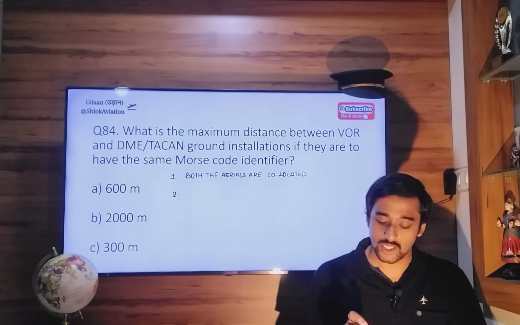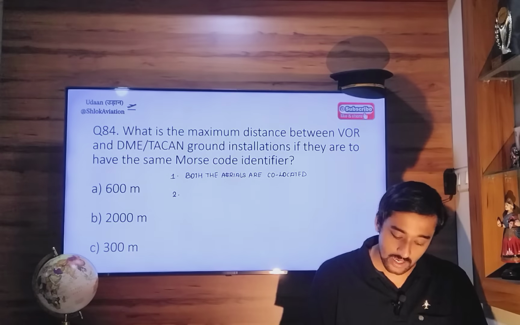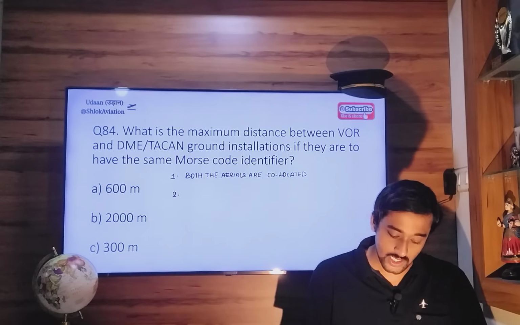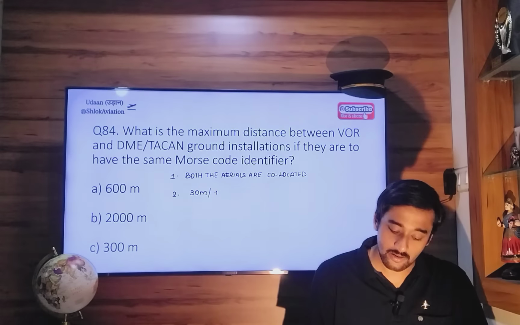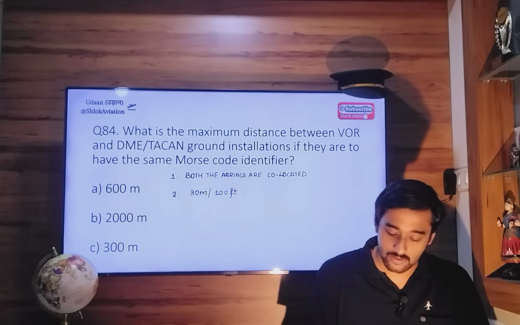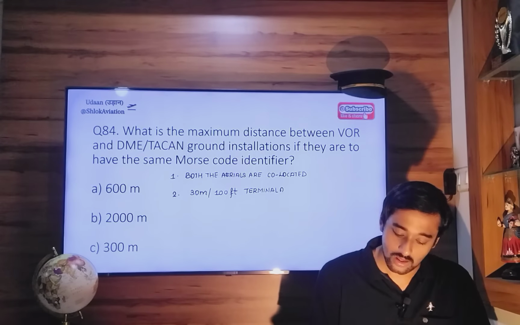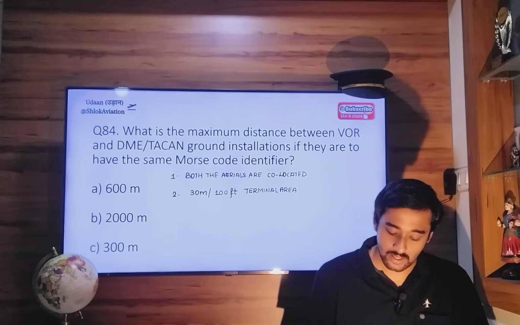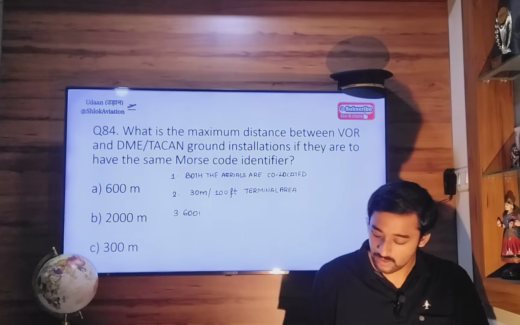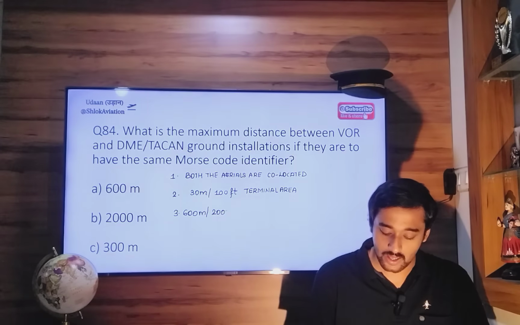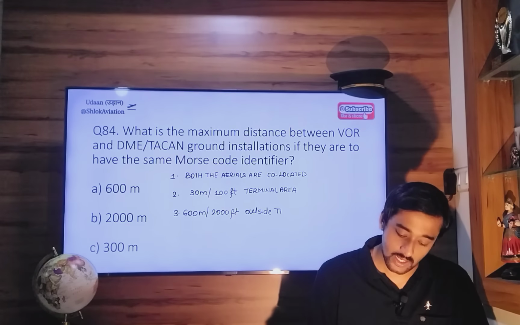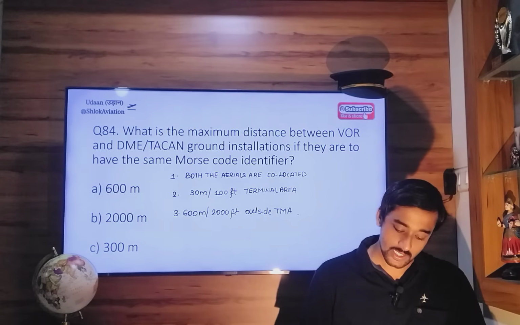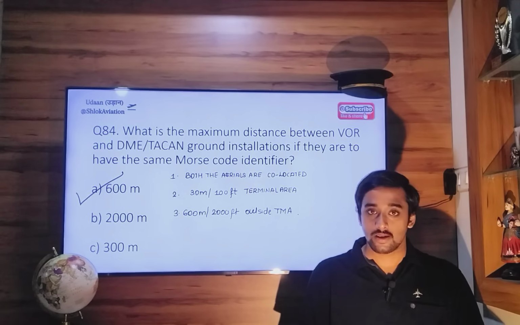Also when the distance between the aerials of VOR and DME is 30 meters or 100 feet in terminal area. And when the distance between them is 600 meters or 2000 feet outside the terminal airspace. So the correct option here is 600 meters.